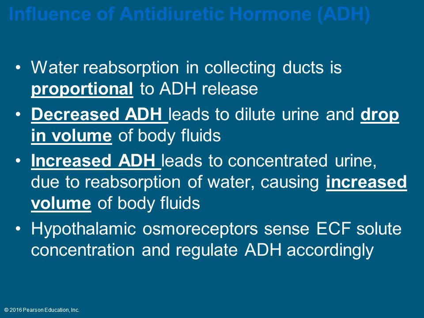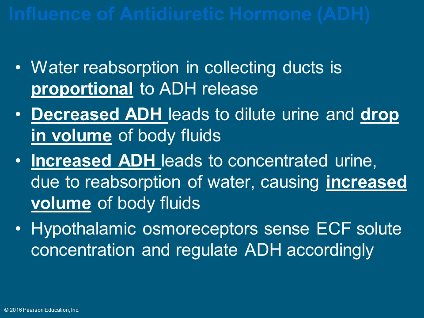The reverse is true if you have increased ADH levels. As that hormone level increases, it's going to say, okay, wait a minute. We don't want to have as much water loss. We need to keep it in the body. So don't put the water in the urine. Reabsorb as much water as possible. Where's the water going to go?